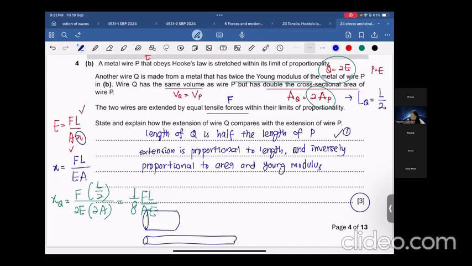So this is another mark. You know what will be affecting the extension and how: is it increase, increase? Is it increase, decrease? Then the last one is the extension of Q is 1 over 8 times the extension of P. Third mark.